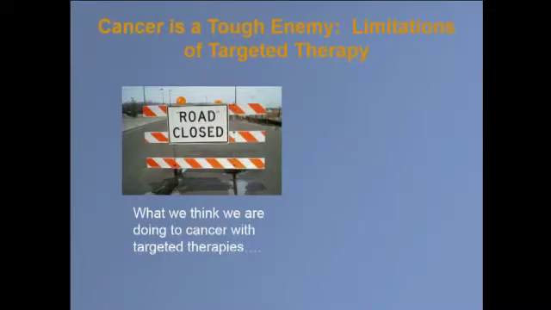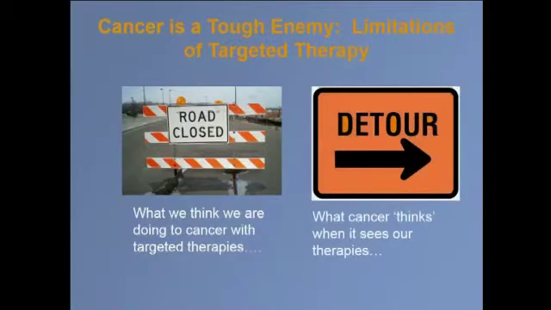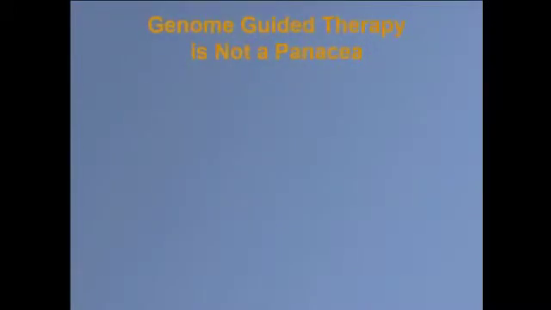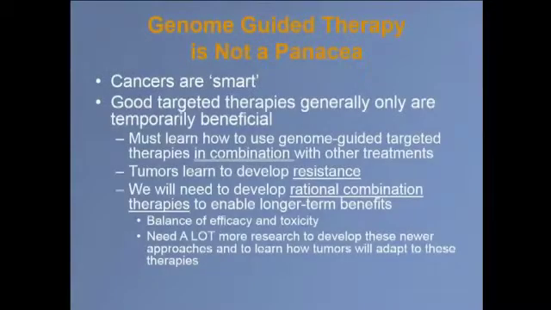But we have to realize that what cancer often sees when it sees these therapies is a roadblock, but it has a way to go around that roadblock. And so just being able to target the cancer genome is not going to be a simple cure-all. Cancers are smart, and right now good cancer therapies that are highly beneficial are often only temporarily beneficial.